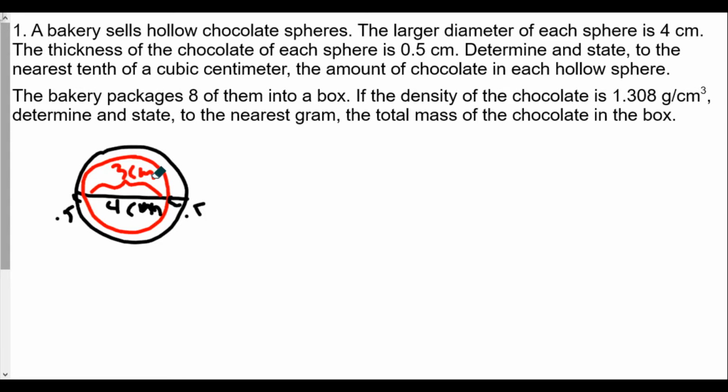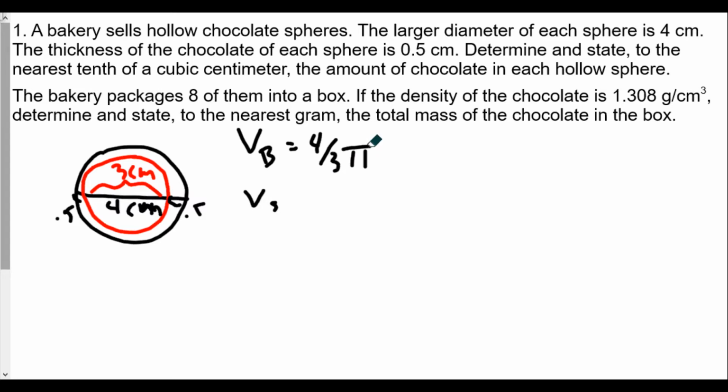We're going to find the volume of the big sphere, then find the volume of the small sphere, and then subtract them to find the volume of the hollowed out sphere, as far as chocolate goes. Our volume formula is 4/3 times pi times the radius to the third power.